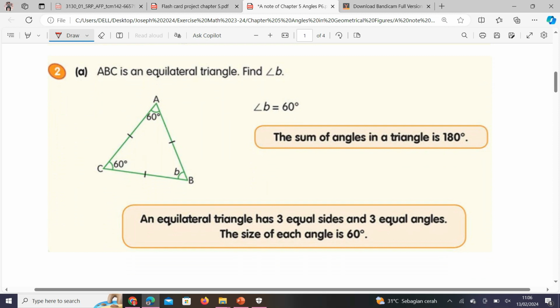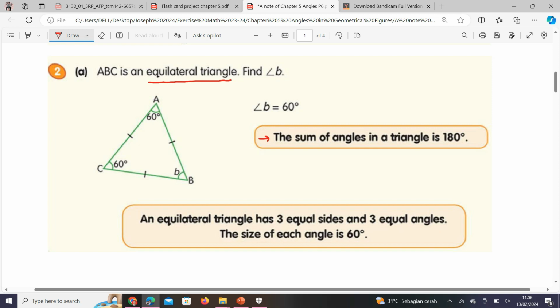We start in 2A. ABC is an equilateral triangle. Find the angle of B. First things first, you need to memorize the law that the sum of angles in a triangle is 180 degrees. As you know, we can see 3 angles in a triangle.